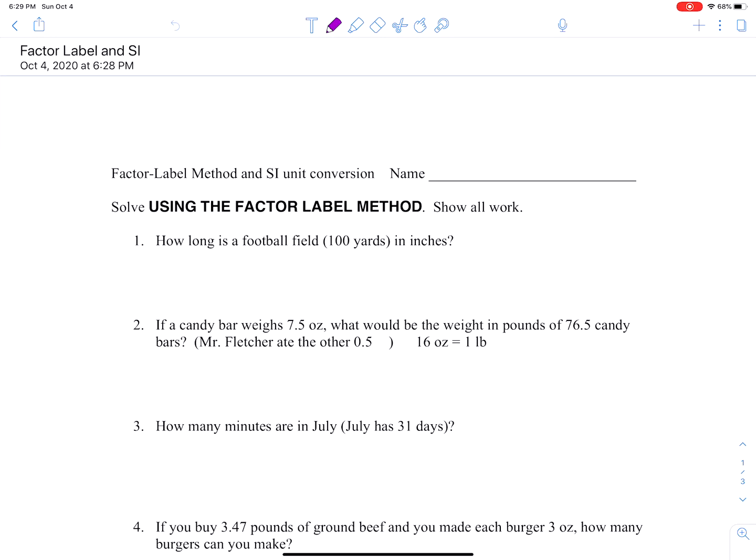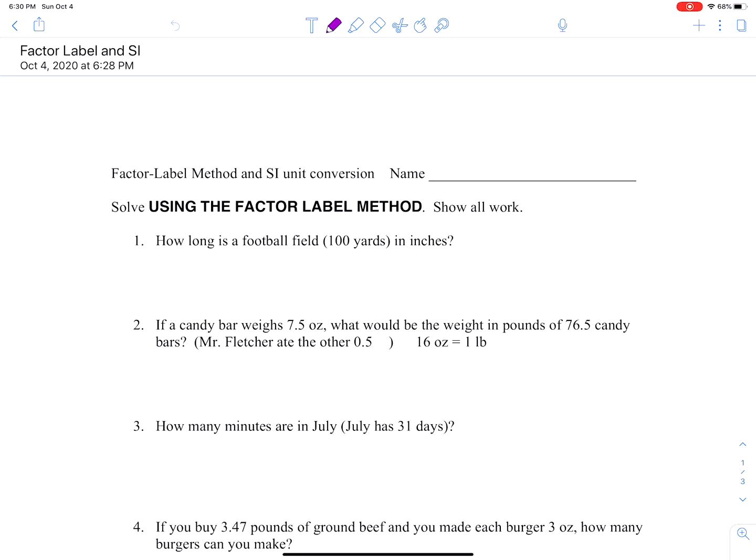So the setup is really important, and a lot of kids want to skip this step because they don't want to put in the units, but it's really important to put in units because then when you do so, it will all make sense. So I'm going to go through and show you how to set up the first couple problems.